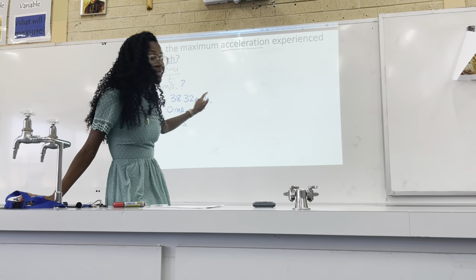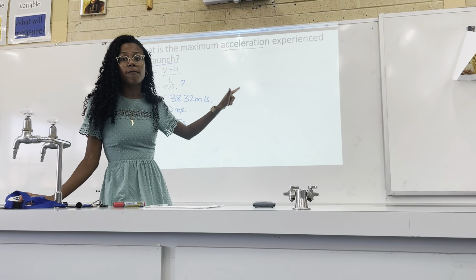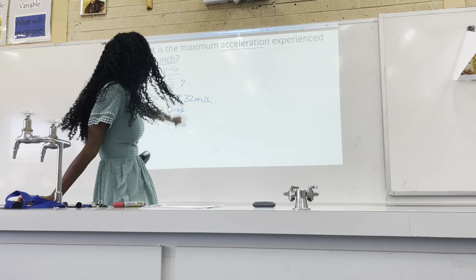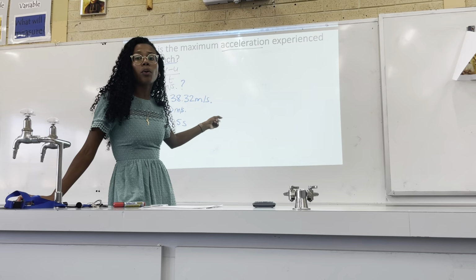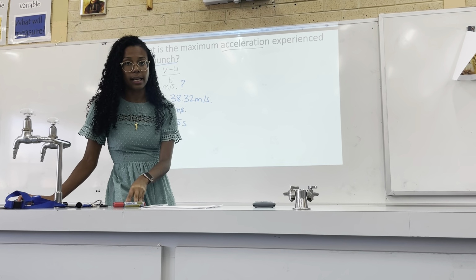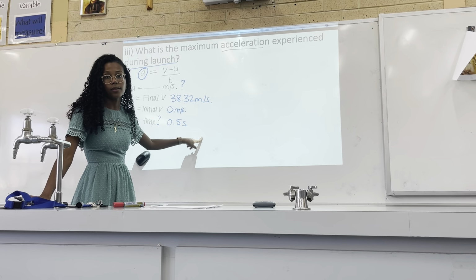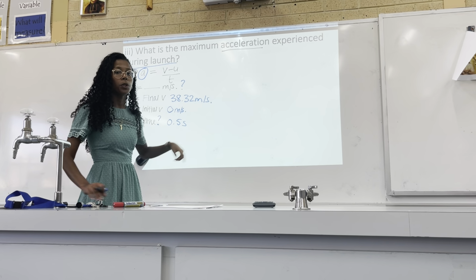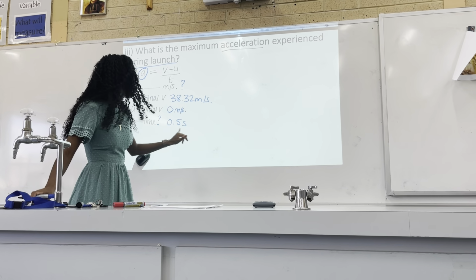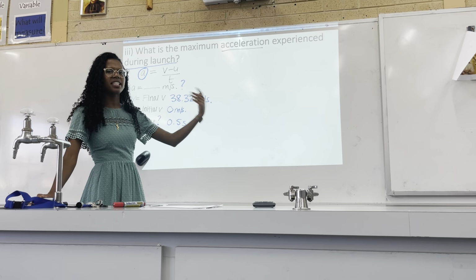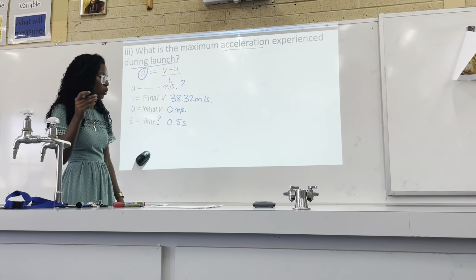So it takes the rocket 0.5 seconds to go from 0 meters per second to 38.32 meters per second. That's how long it takes, 0.5 seconds. Not 3.91, which is the whole flight journey, but 0.5 seconds to overcome inertia, to be in motion, okay?